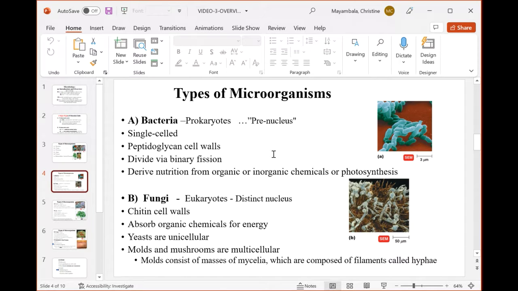And again, the other structures described there, they have a chitin wall, they can absorb organic chemicals for energy. And of course, the most common fungi are the molds and mushrooms. But there are other fungi that cause disease like yeast and other yeast infections that you can think of, ringworm and so forth, nail fungus, things like that.